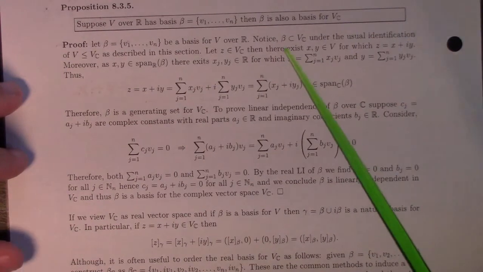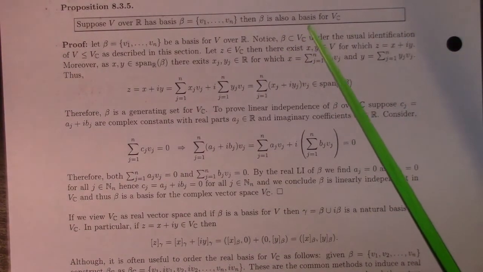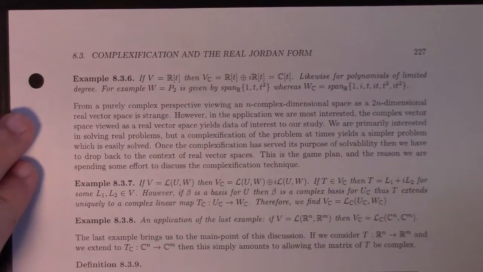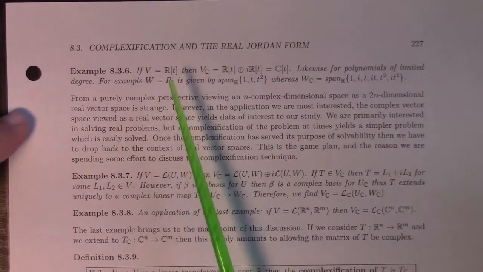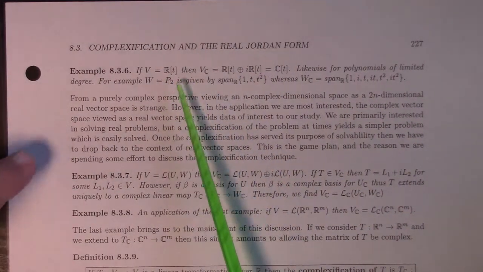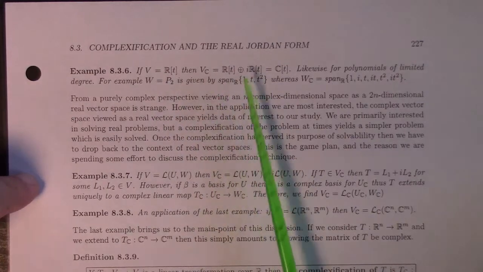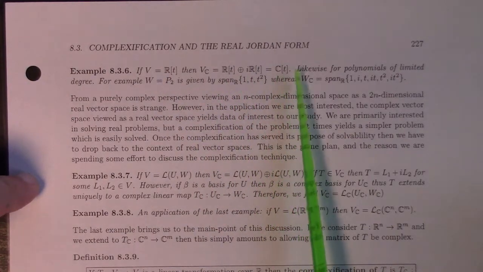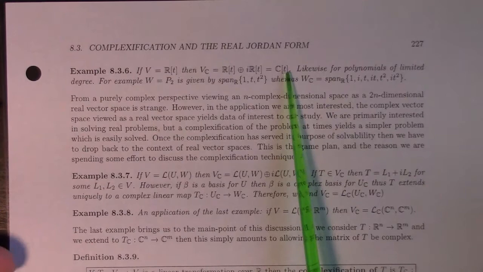So here's yet another example. Turning pages is a real chore for me today. Also, if we look at the complexification of polynomials with real coefficients, we get corresponding polynomials with complex coefficients.